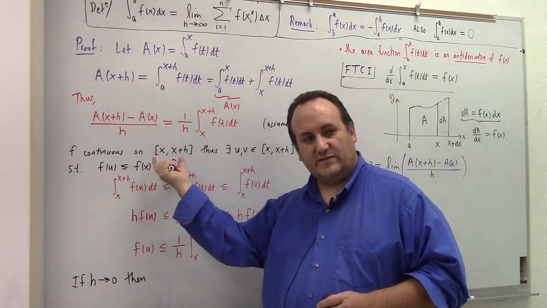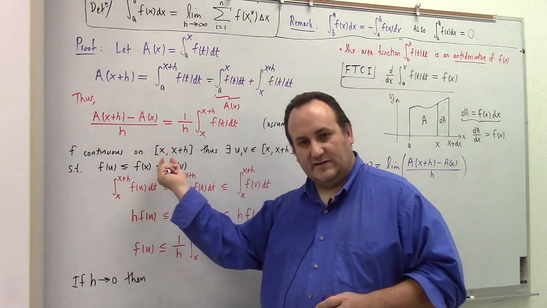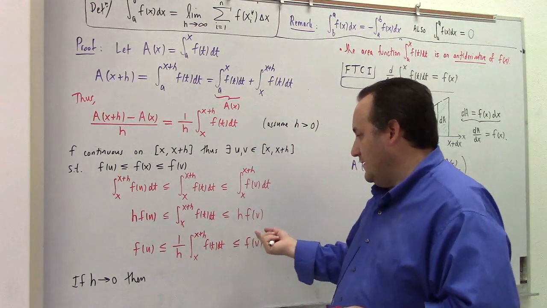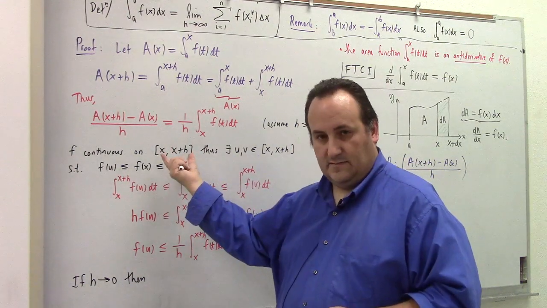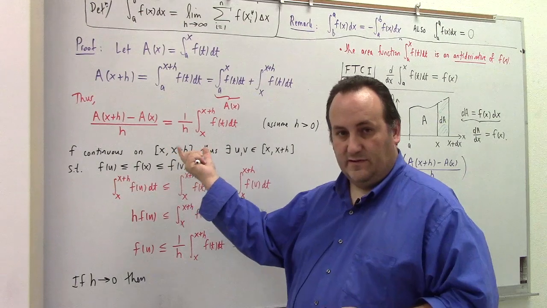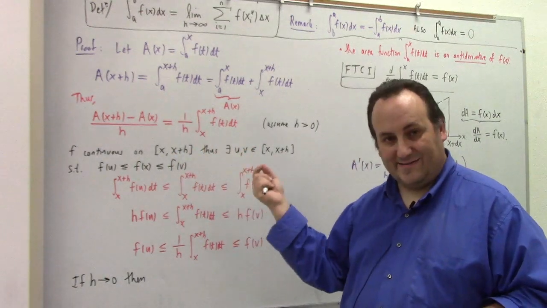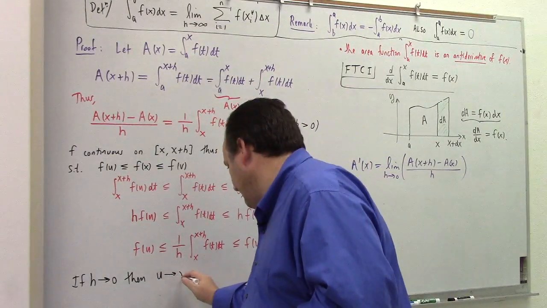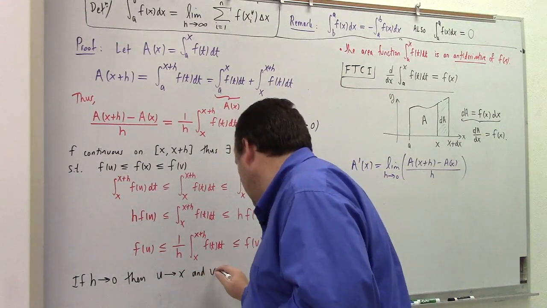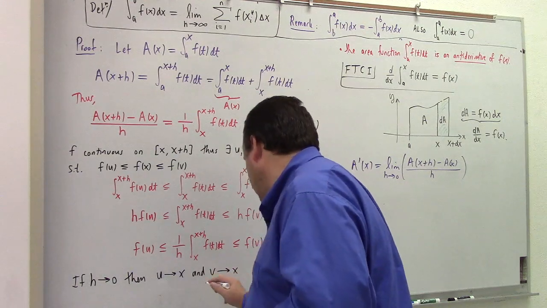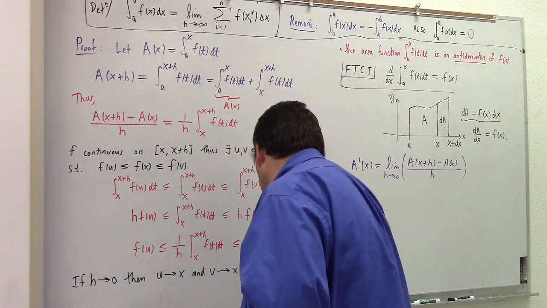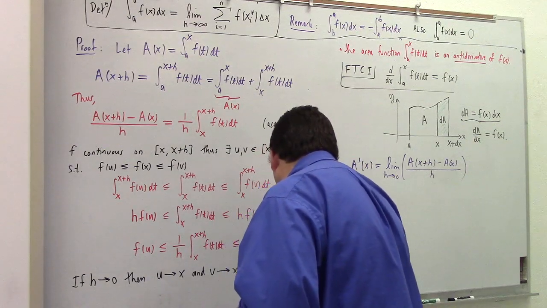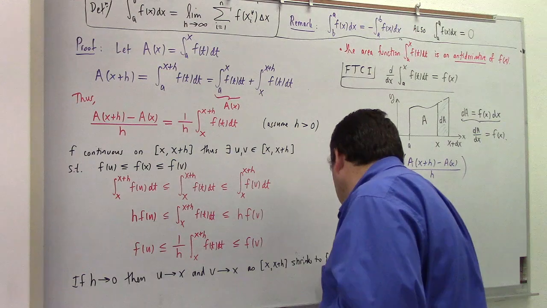It shrinks to just the set containing just x, right? So if u and v are taken from this set, as h goes to 0, u and v must both become x itself. So u goes to x and v goes to x as x to x plus h shrinks to the set just containing x.